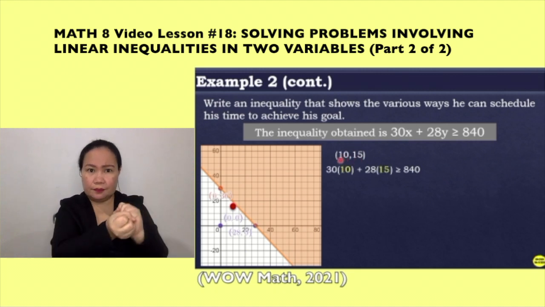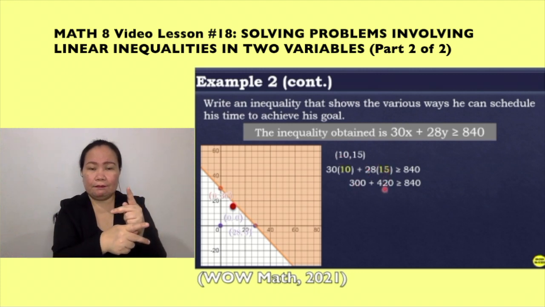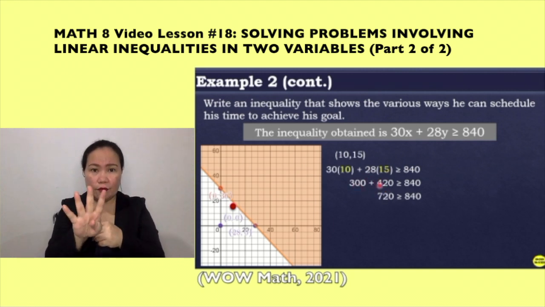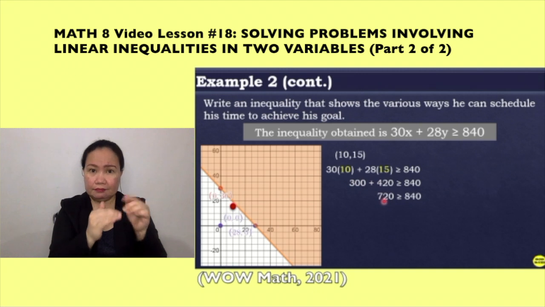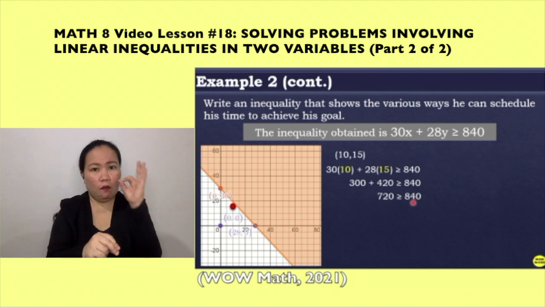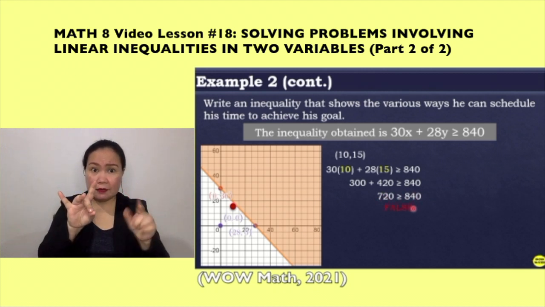So, we will multiply 30 times 10, that is 300. And then 28 times 15, that is 420. Now, we will simplify. So, 300 plus 420, that is 720. Is it greater than or equal to 840? No, hindi ito mas mataas. So, this is a false statement.